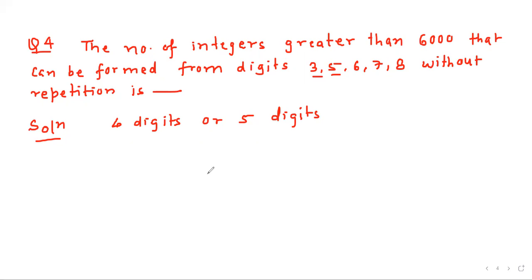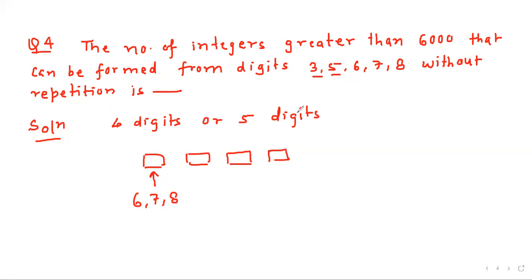So we can say that out of 4 places, when we are considering 4-digit number, the first place can be filled in 3 ways. Means 6, 7, 8 can occupy 6 or 7 or 8.